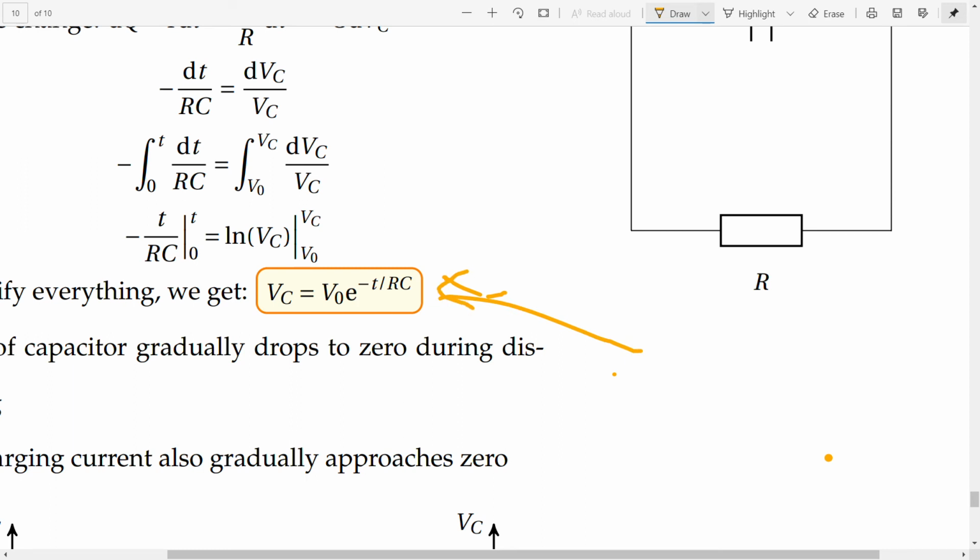So V_C gives V, so V_0 e to the power minus t over RC. Alright.